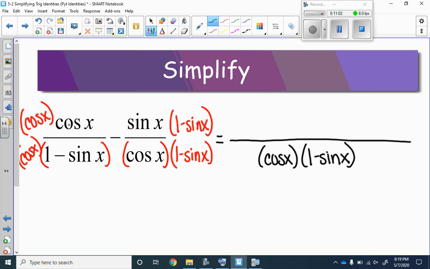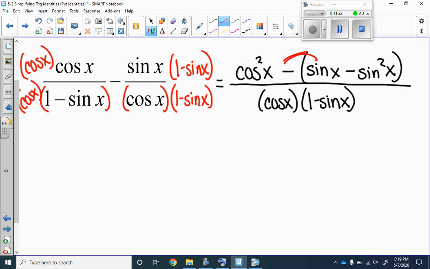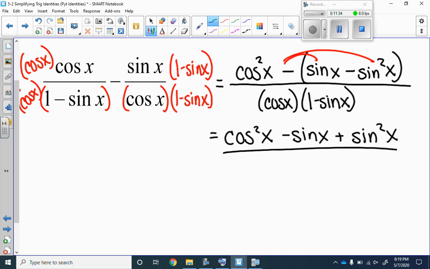And now when I look up on top, I've got cosine squared x minus, and I'm going to subtract a sine x minus a sine squared x. As I subtract both of these parts here, we have cosine squared x minus sine x plus a sine squared x all over cosine x times 1 minus sine x.